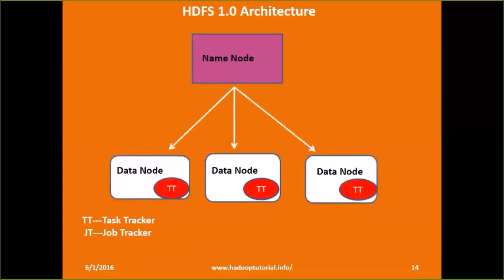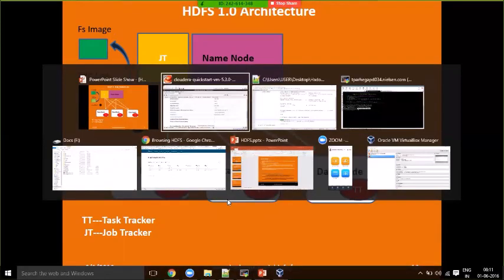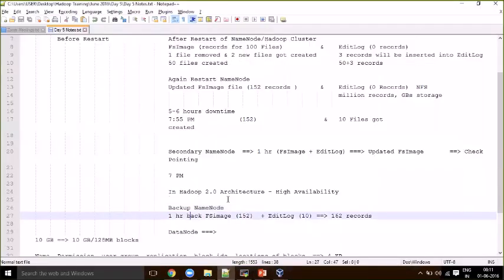So this is your HDFS 1 architecture. Name node and data nodes are for HDFS, and for MapReduce, job tracker and task trackers. The secondary name node was part of the HDFS 1.x architecture also, but the backup name node got introduced only in the Hadoop 2.0 architecture.